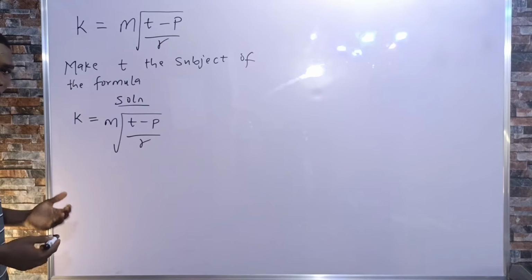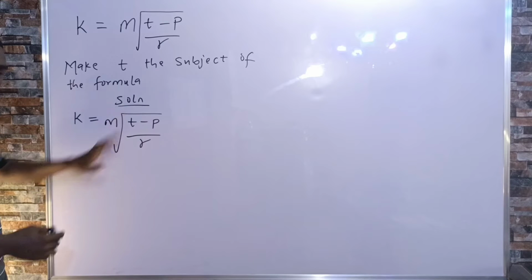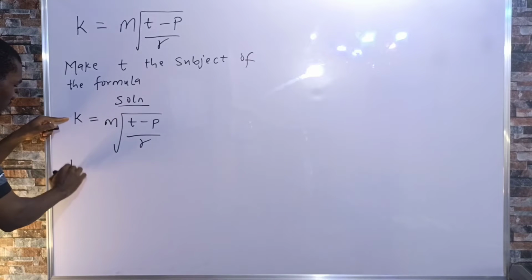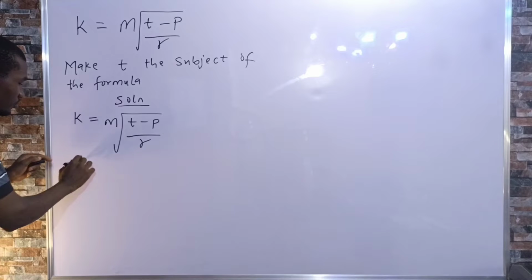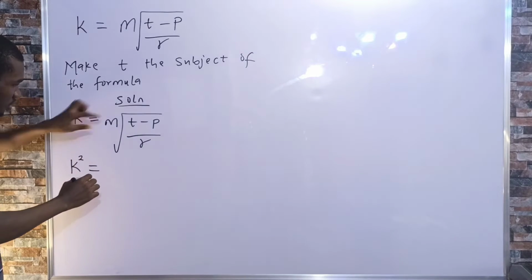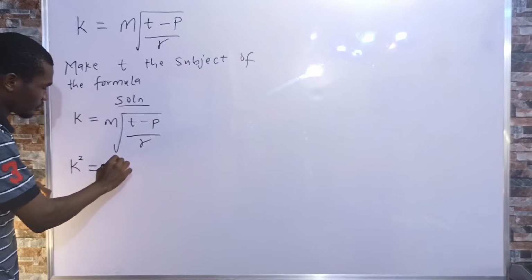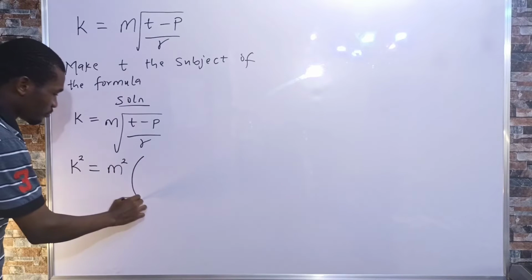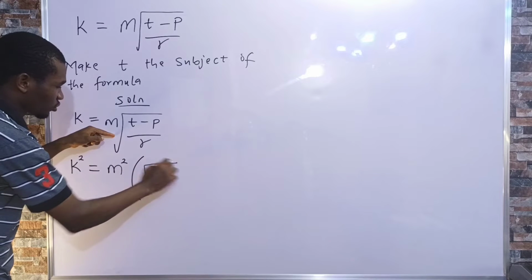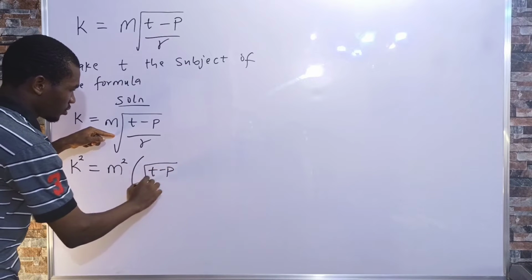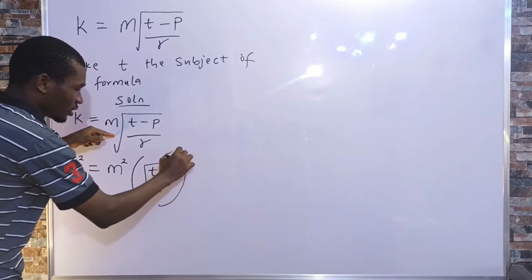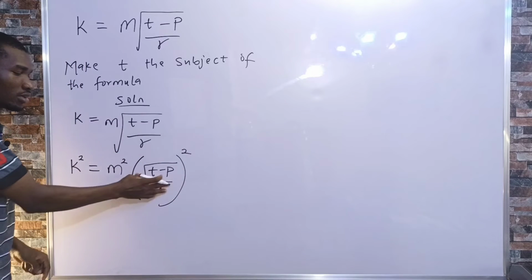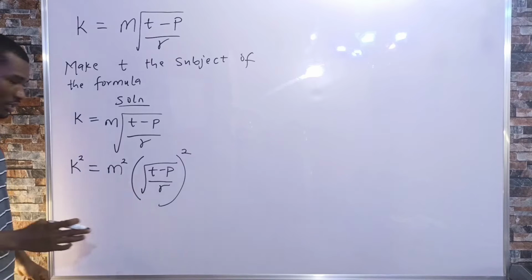Taking the square of both sides of the equation, I then have that the square of k is equal to the square of m, then in brackets the square root of (t minus p) all over r. I will also take the square of every entity we have here.